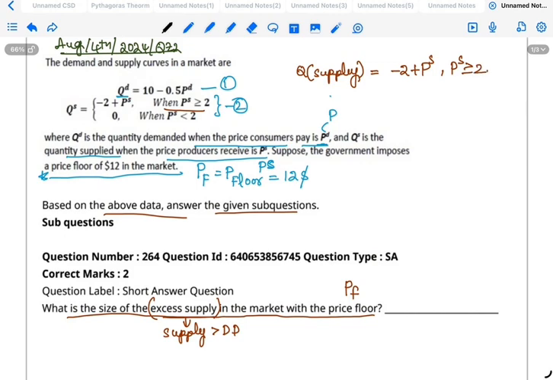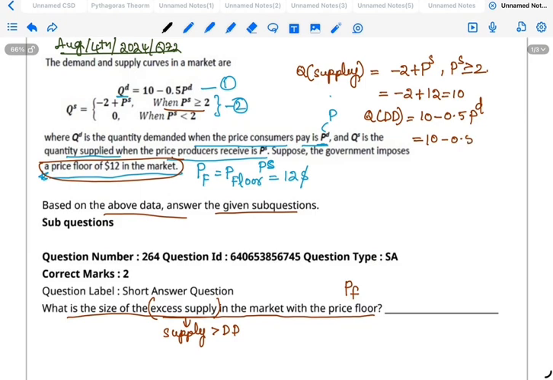When PS, the price producers receive, is 12, that is minus 2 plus 12, which equals 10. The quantity demanded equals 10 minus 0.5 PD, that is 10 minus 0.5 times 12, which equals 4.